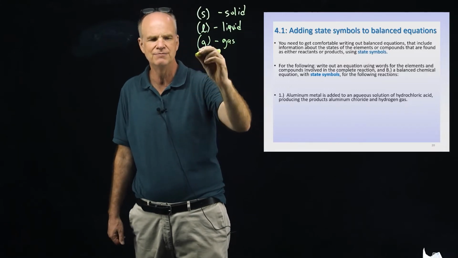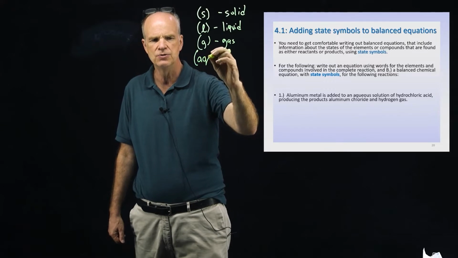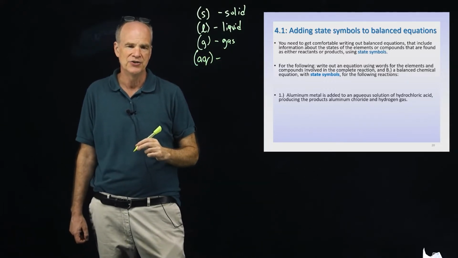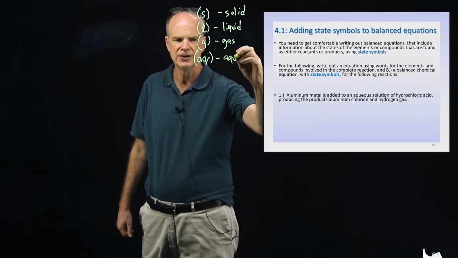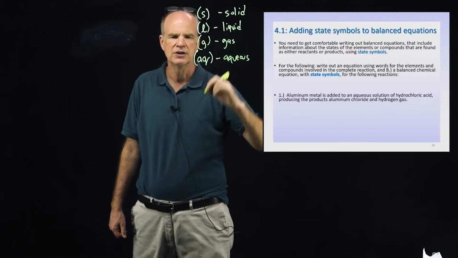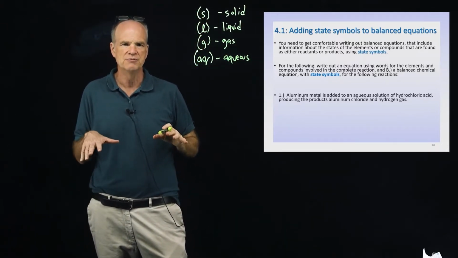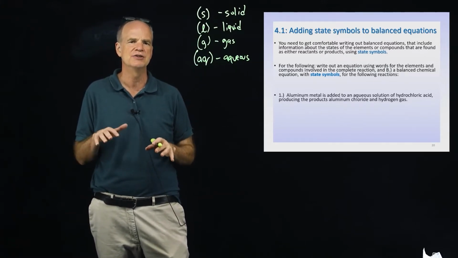And then there's one you may have heard of, or maybe not, but it's (aq). So aq stands for aqua, which means water. And so this refers to an aqueous state. So let me talk a little bit about what that is. Aqueous state usually refers to a situation where you have compounds, oftentimes ionic compounds, dissolved in water.